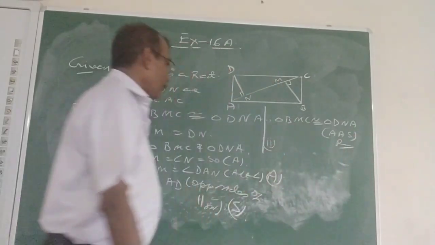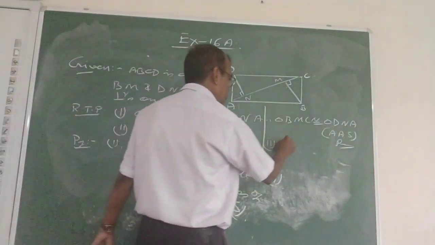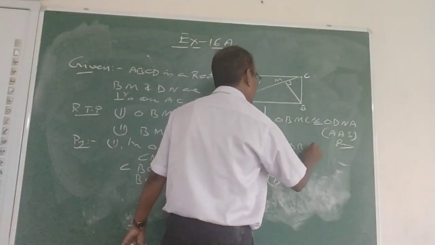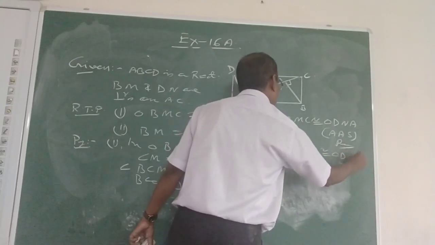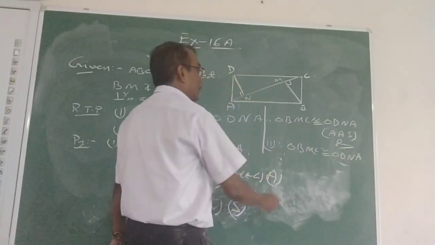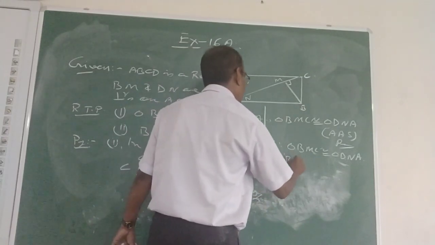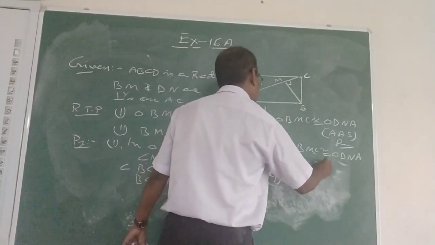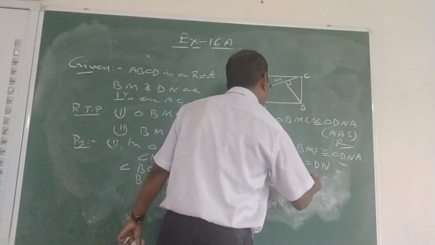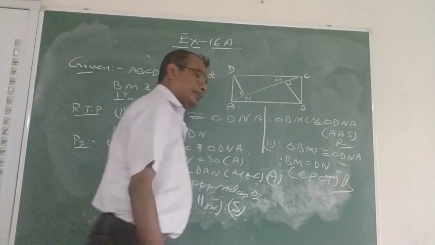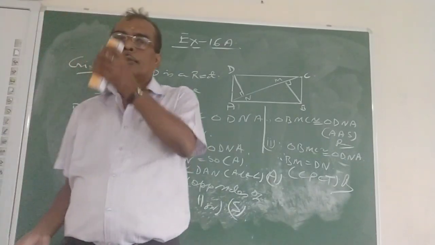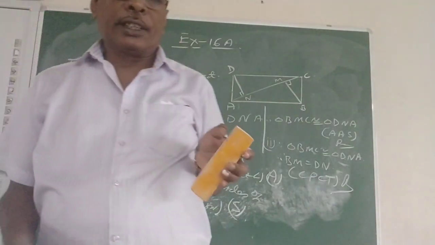Number two, since triangle BMC is congruent to triangle DN, therefore you can say that BN is equal to DN by CPCT. I think it is clear.